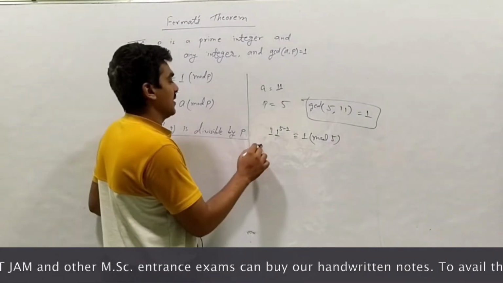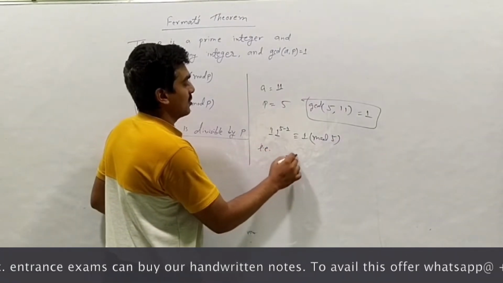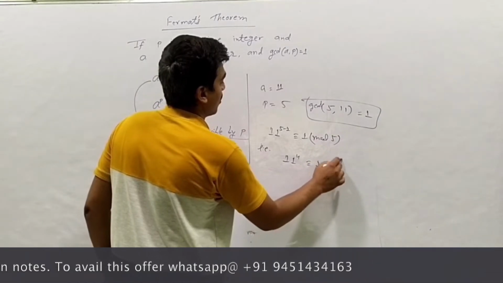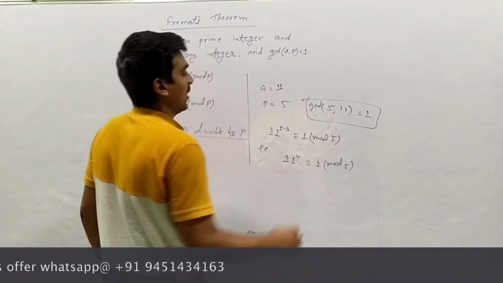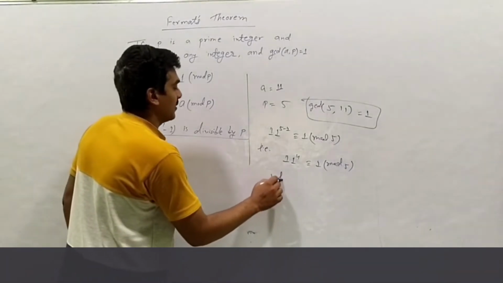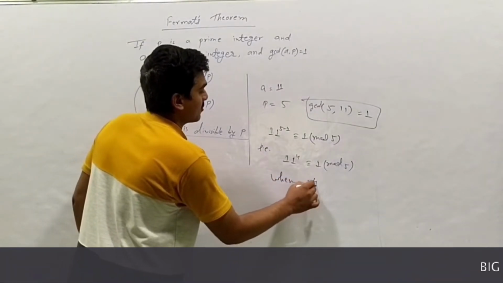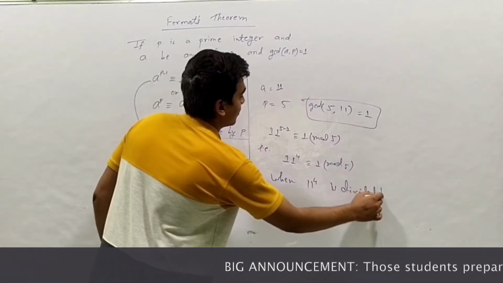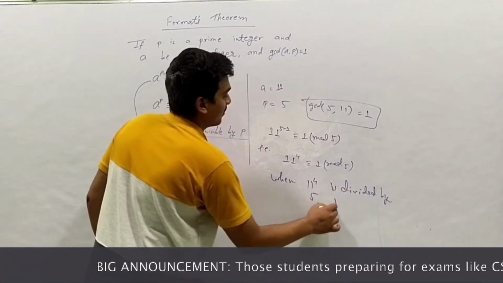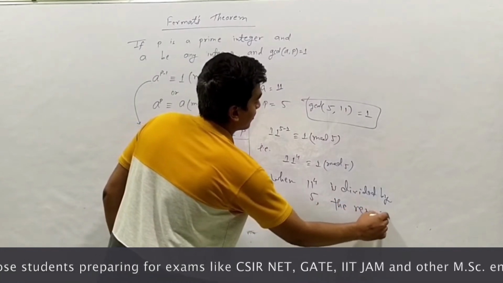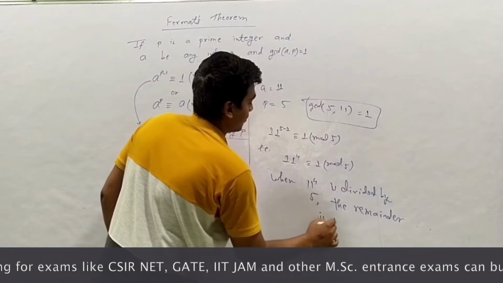So we can write 11 raised to the power 4 is congruent to 1 modulo 5. Or we can write, when 11 raised to the power 4 is divided by 5, the remainder is 1.